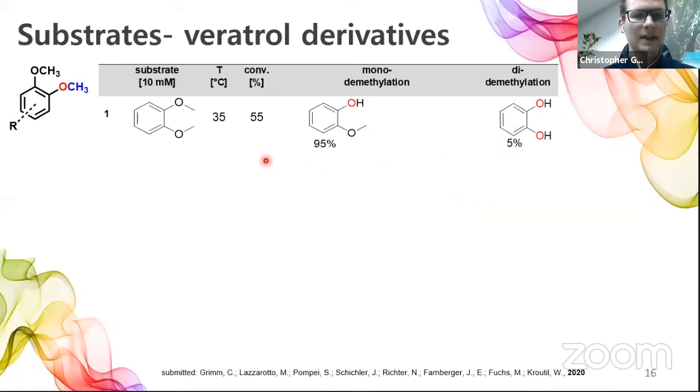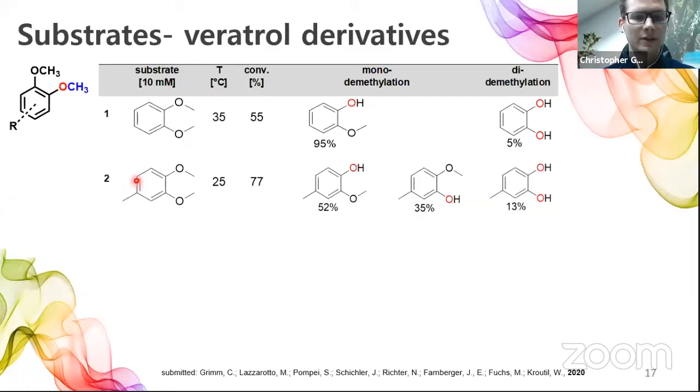Then if we incorporate different substituents, such as a methyl group here, we have the highest conversion so far with 77%, leading to this regioisomer preferably over the other one, as well as a double demethylation. If we increase the temperature to 35 degrees Celsius, we can see that the conversion decreases to 62% instead of 77%. But we also see that the double demethylation is getting even higher.